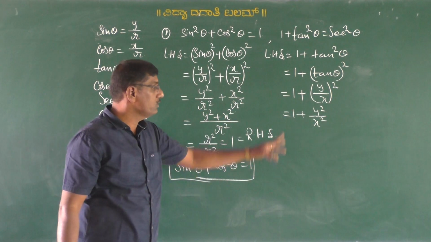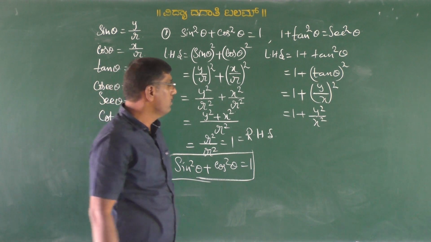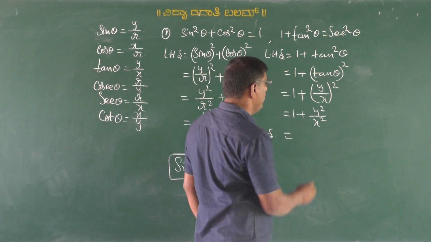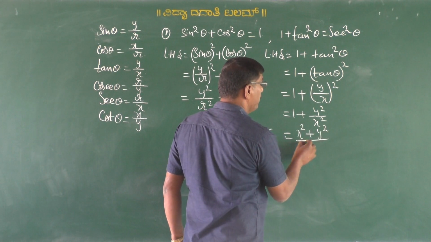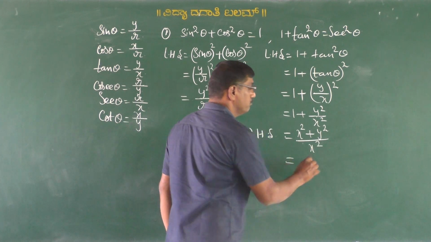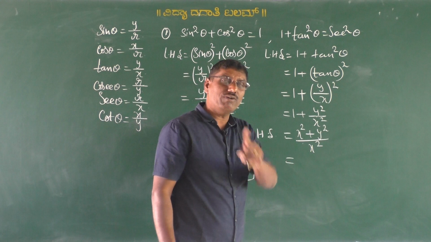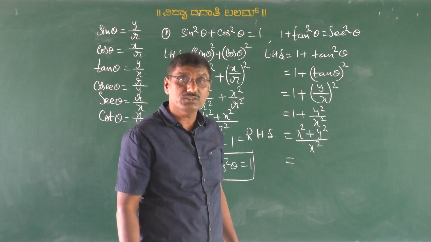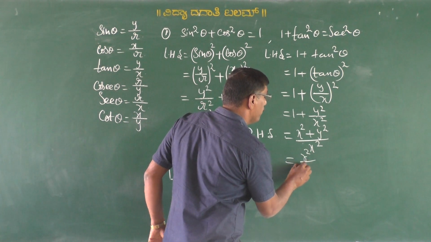You know the formula. This can be written as x square plus y square divided by x square, by taking the LCM. We know x square plus y square can be written as, according to Pythagoras theorem, r square. That is r square divided by x square.